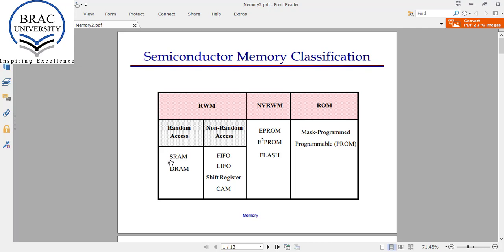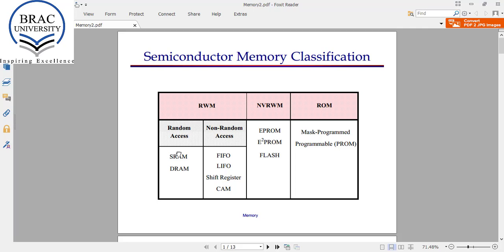In random access memory, we have two types of memory. First one is static RAM and second one is dynamic RAM. For static RAM, you just store a value in the chip, and if you keep the power supply on, then you need to do nothing. The value or the data will be stored there.